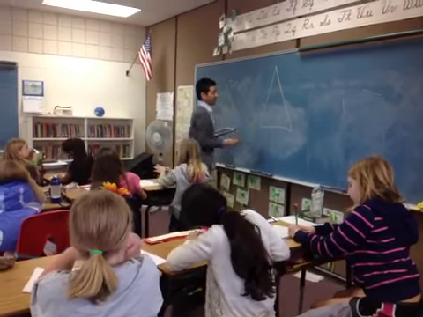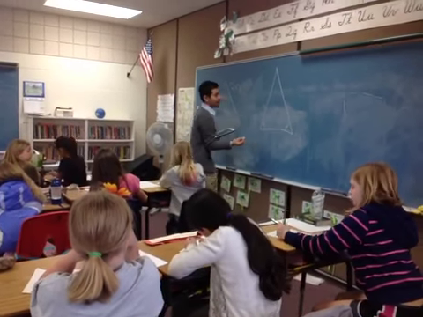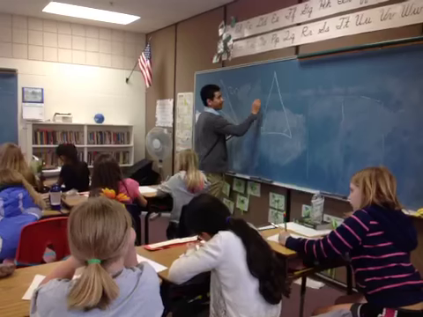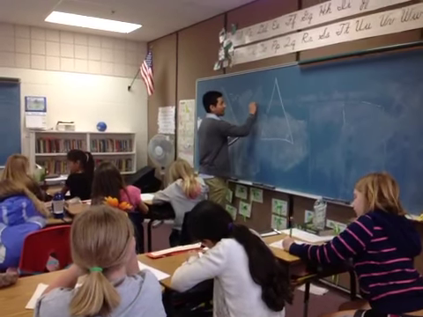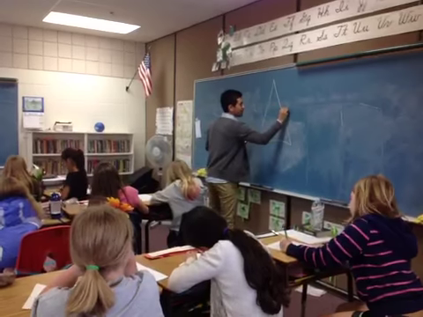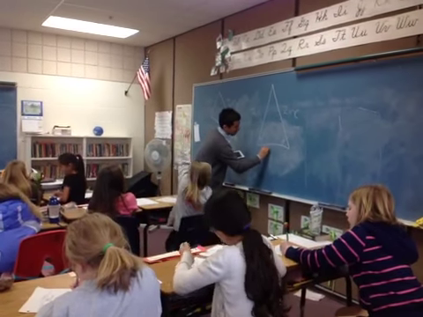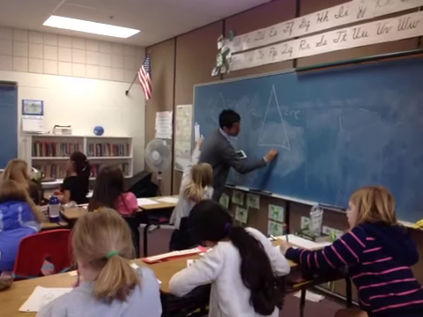It'll look something like this, right? These angles will be the same, and what's important here is that these 2 sides are the same. So let's say 2 inches and 2 inches, just as an example, and this one might be 1.5 inches.